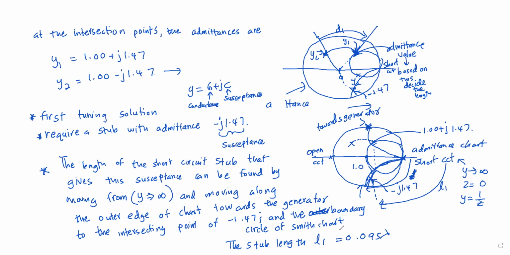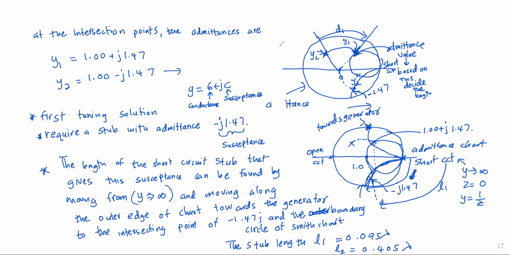And similarly for the second solution, we will get 0.405 lambda. Okay, so based on the solution that you select, you can select a set of solutions D1, L1, right?